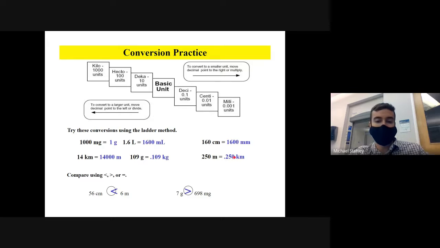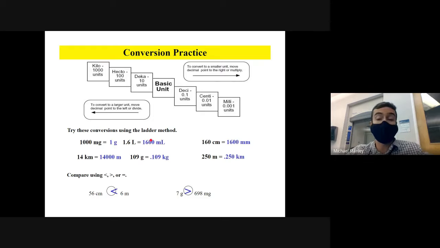So it is, in fact, if we go 1, 2, 3 to the left, 0.250 kilometers is the same thing as 250 meters. So figure out the starting point, figure out the ending point, count the jumps and direction between them, and then do the same thing with the decimal place on your number.